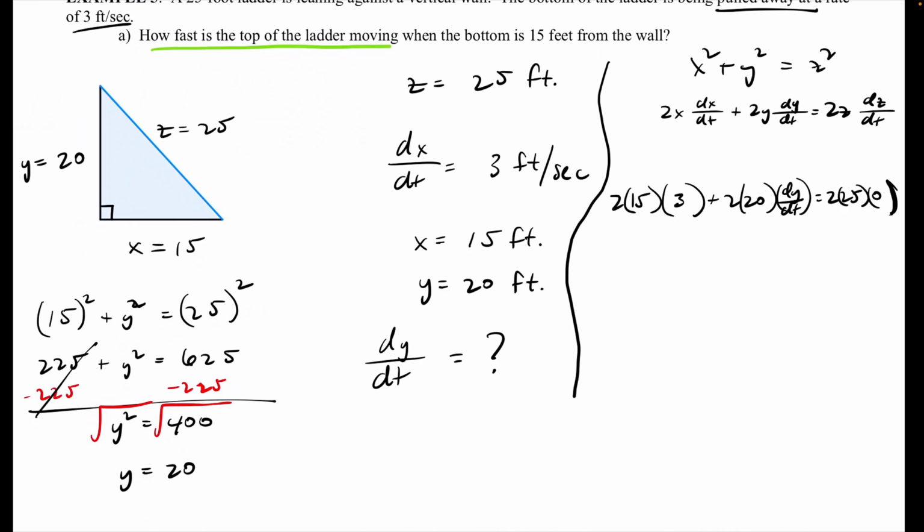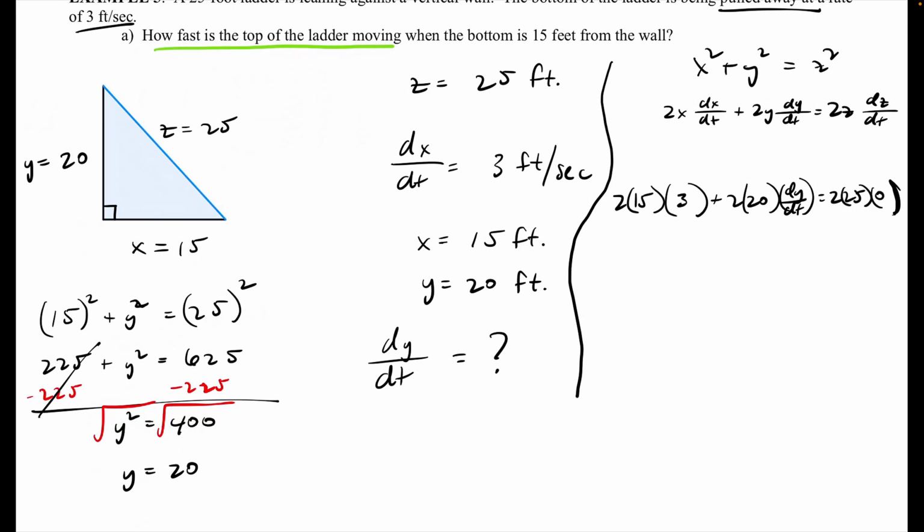Okay. So 2 times 15 times 3 is 90. Plus 2 times 20 is 40 dy over dt equals 0. Subtract 90 from both sides.